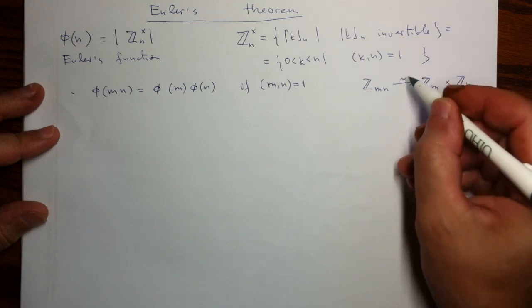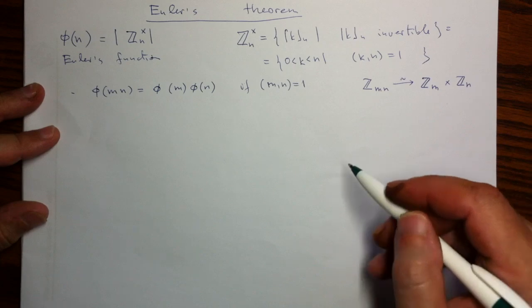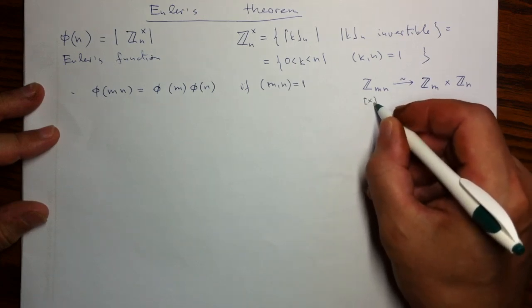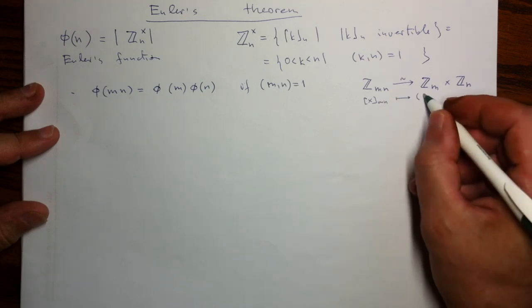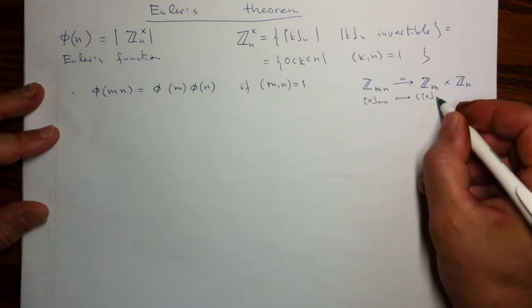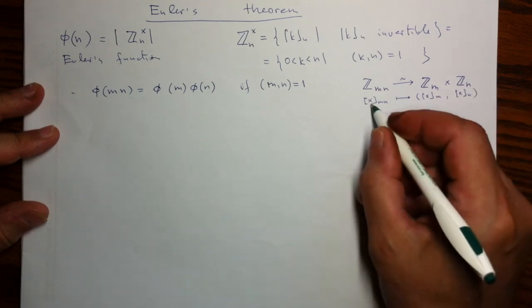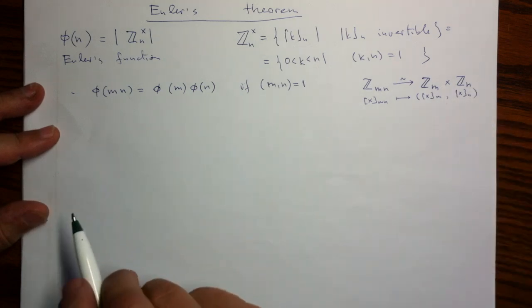And this bijection preserves addition, and it also preserves multiplication, because what we really do is take a congruence class and assign to it a pair of congruence classes of the same number. This map is well defined, doesn't depend on what number we take in a congruence class, and it is a bijection.